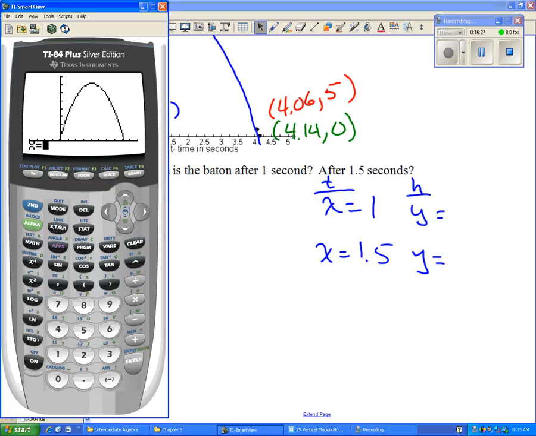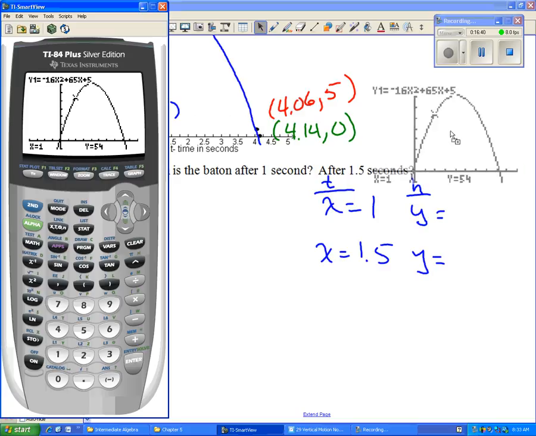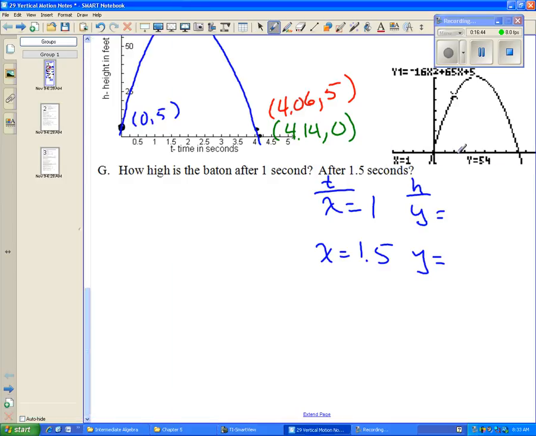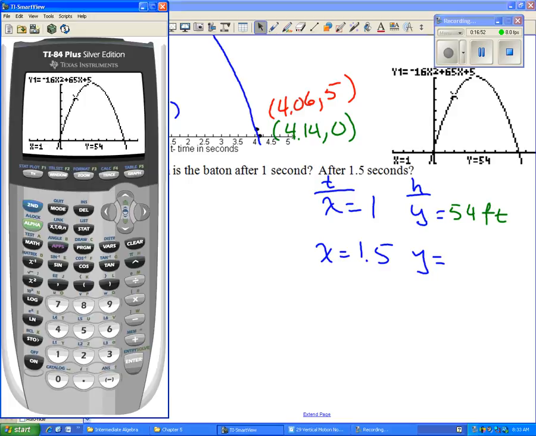So bringing up the calculator again, X equals 1. I'm going to hit enter. The time is 1. What's my height? My height is 54 feet. Number 2, how about 1.5 seconds?